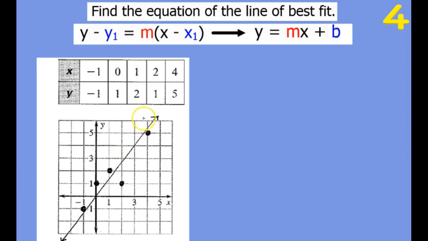Here, as you can see, we have a scatter plot. And we have points. We have a best fit line, but our points are not on the line. We need to find points that are on the line. This one is close, but not quite on. This one is also close, but not quite on our line. So we need to make these points because none of them are on our line.